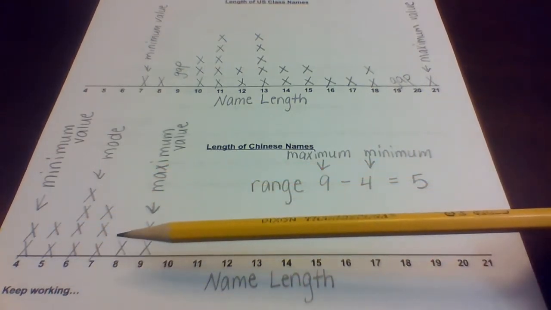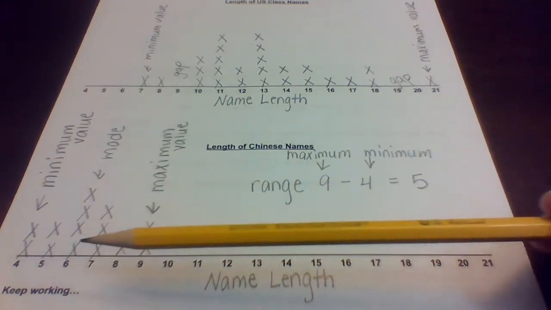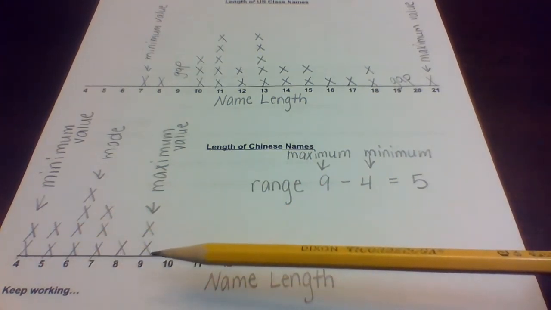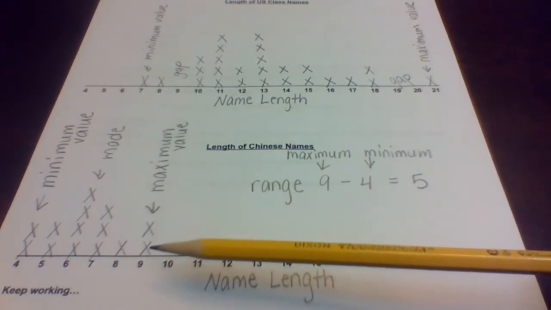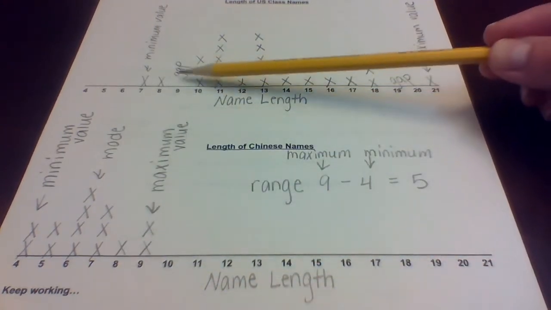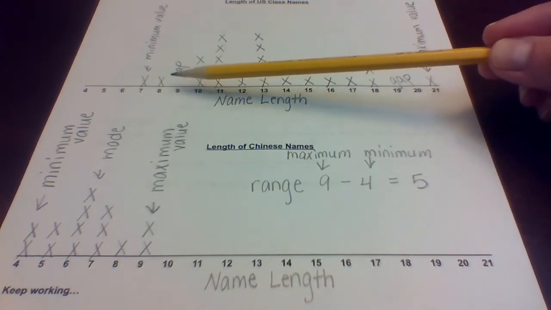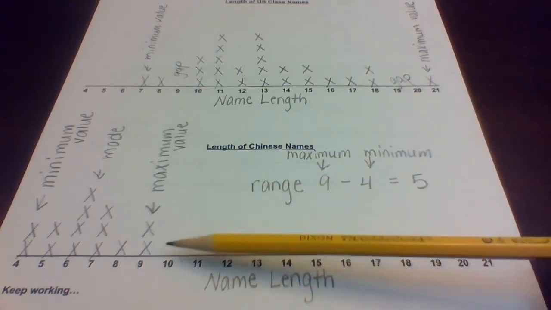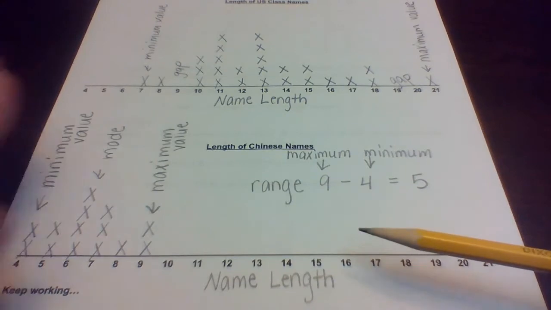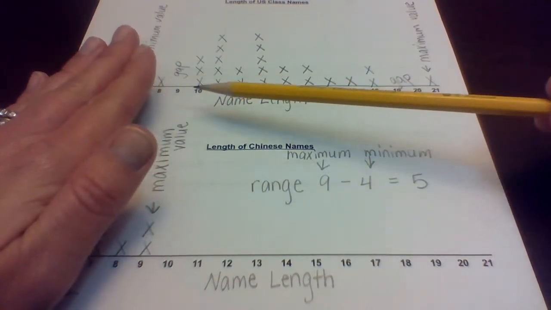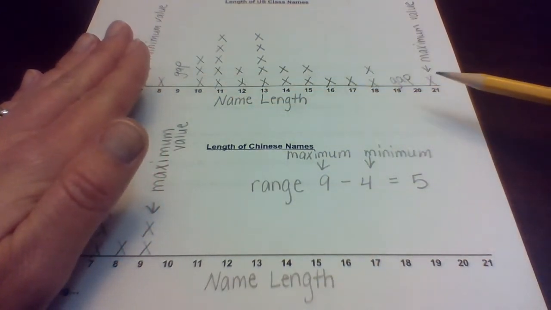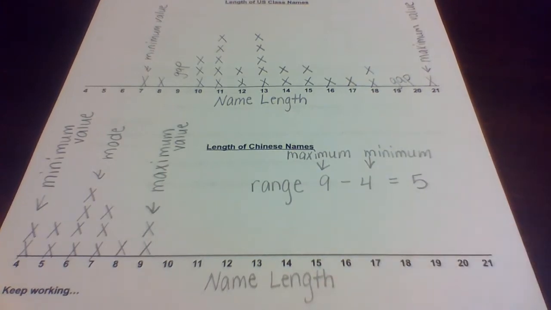That's a big difference. If I take a look here, their biggest piece of data is at 9, and 9 is way over here toward the beginning of our data where there's a gap. They don't have any data past 9, and look at where all of this data is on our graph compared to theirs.